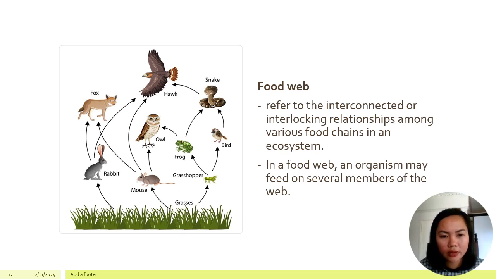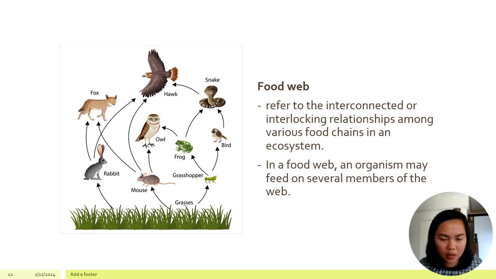And these, for example, the rabbit, daghan og mukhaon sa iyaha. We have the fox, we have the hawk. So yeah, in this food web, duha ka buok. The mouse, on the other hand, it has three predators. We have the fox, the hawk, and then the owl, and the grasshopper has the frog and the birds as its predator, and the frog has the owl and the snakes as its predator.